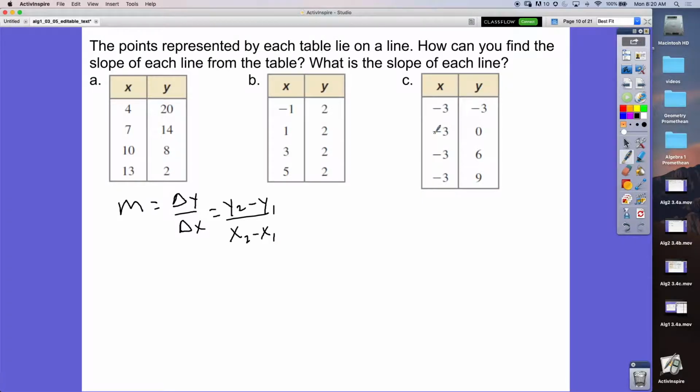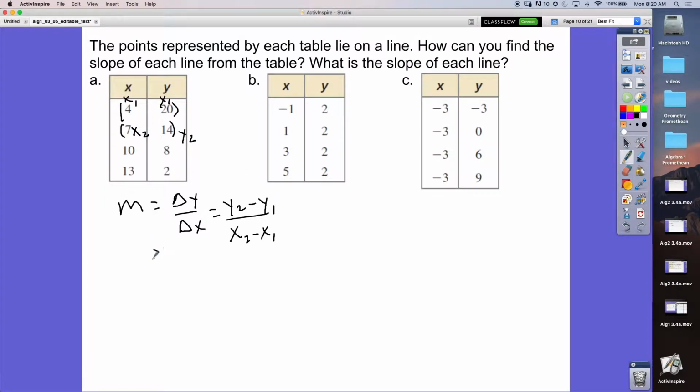When you're given a table, it doesn't matter which points you pick. You can pick any pairs. You can pick the first two if you want. You can pick the last two, whatever you want. So let's pick the first two. And because I tend to make little mistakes, I'm going to write down and label each piece. So this is going to be x1, this is going to be y1, this one's going to be x2, and this one's going to be y2.